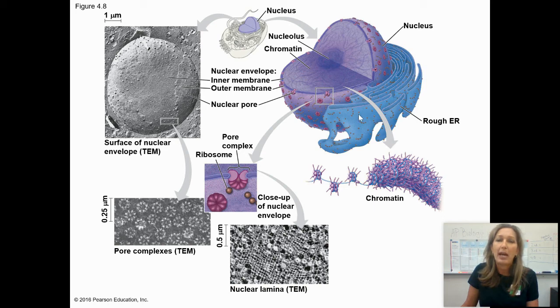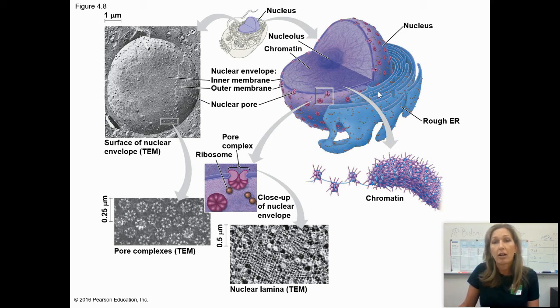So bound ribosomes are embedded or attached to the membrane of the rough ER, but ribosomes can also be free ribosomes, and free ribosomes would be loose out in the cytosol. These would be ribosomes making proteins that are destined to stay inside the cell and be used in the cell.